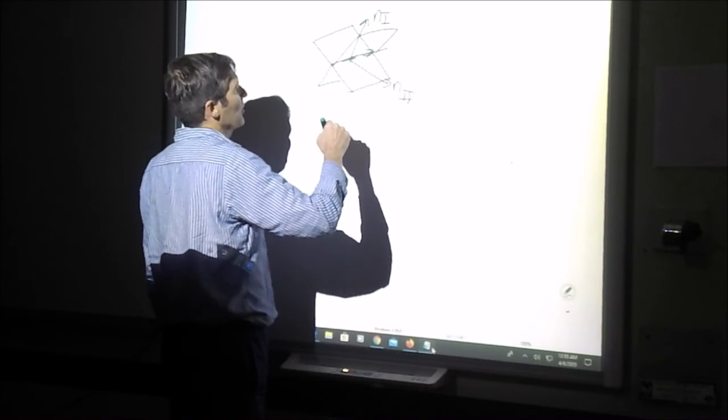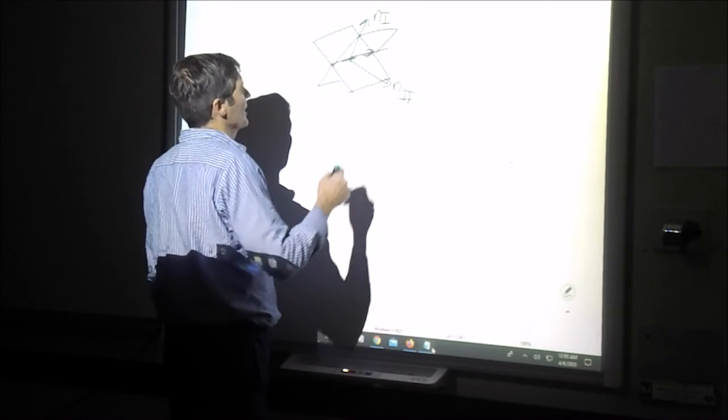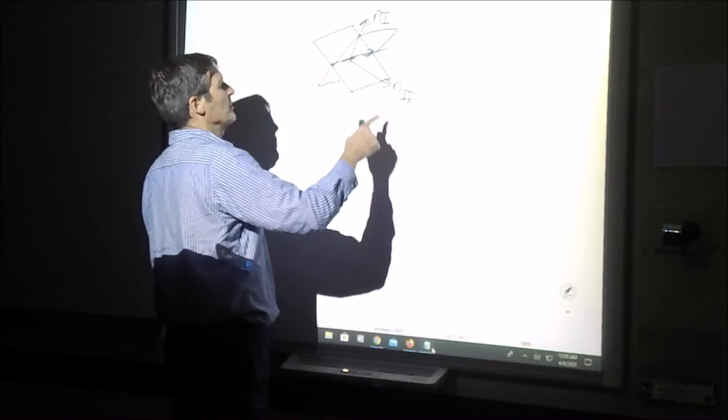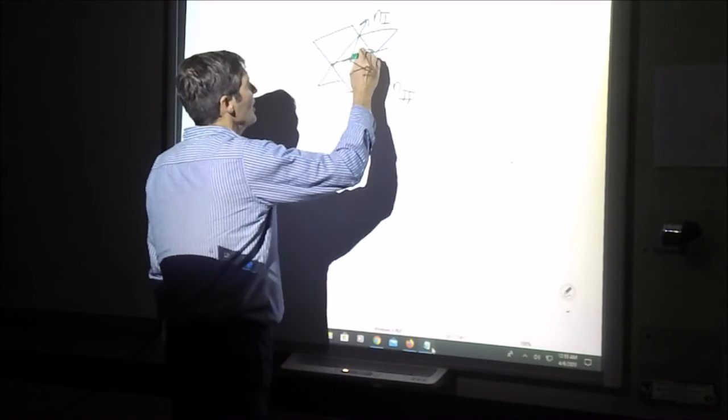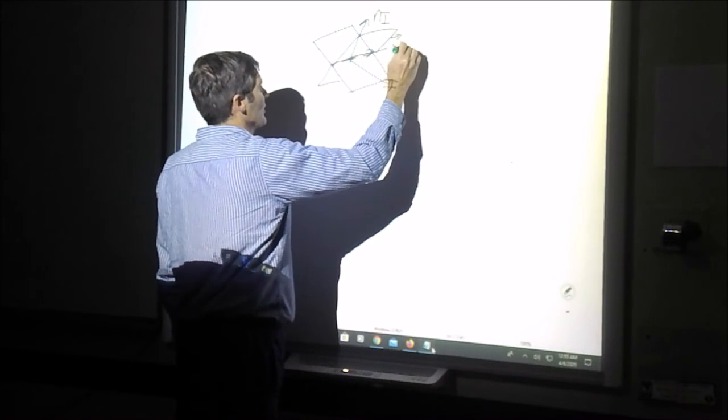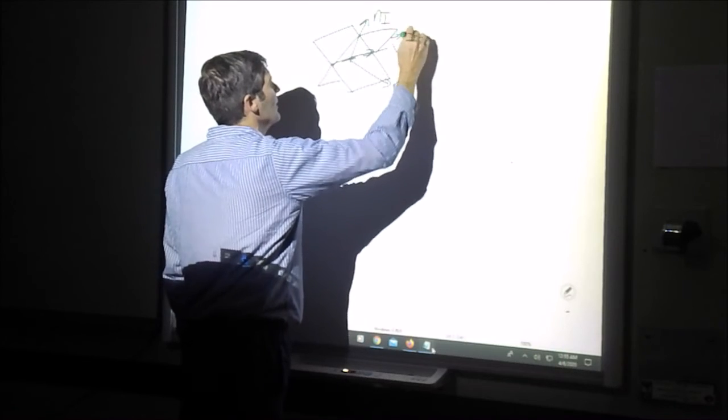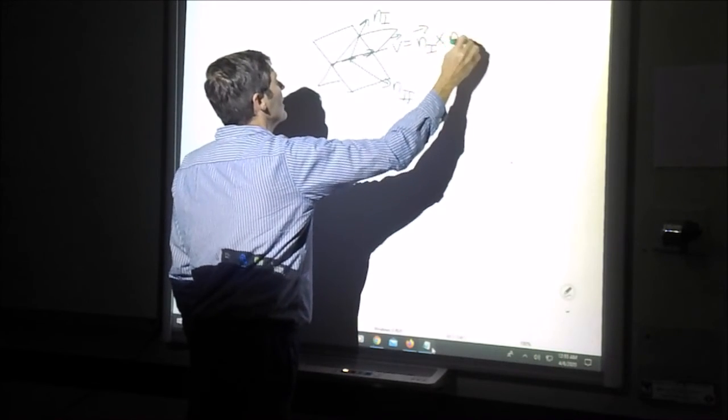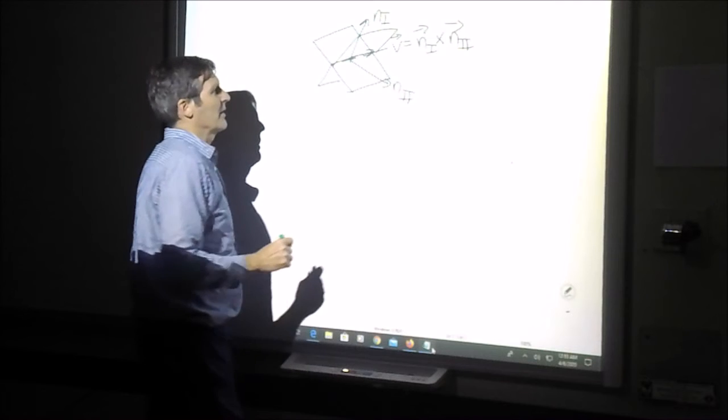Since it's perpendicular to both normals, it has to lie in both planes. So here's the vector v that goes in the direction of the line. It's just n1 cross n2. And then I just need any point in the intersection.